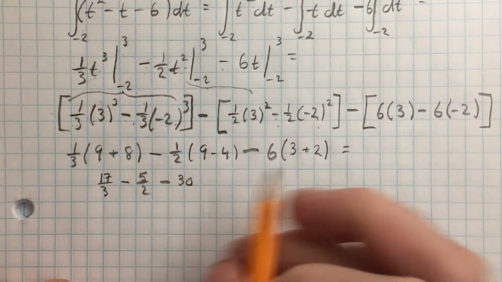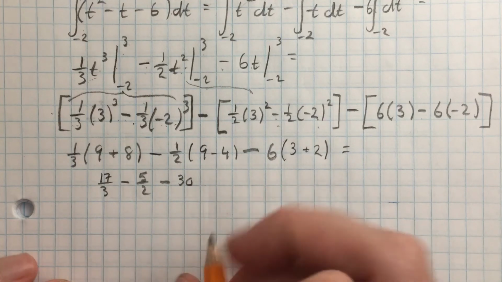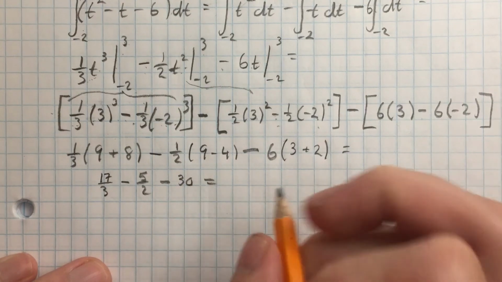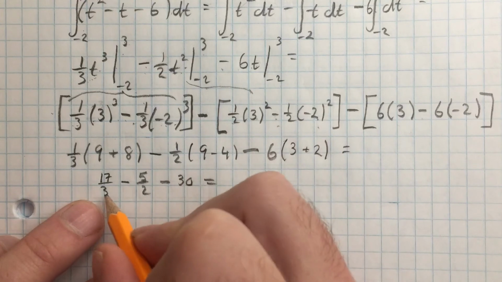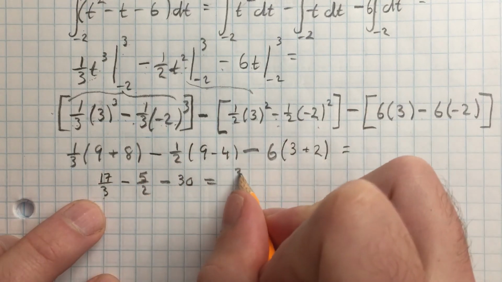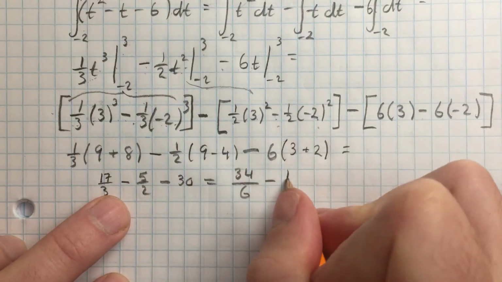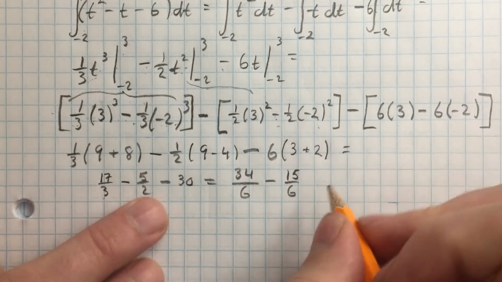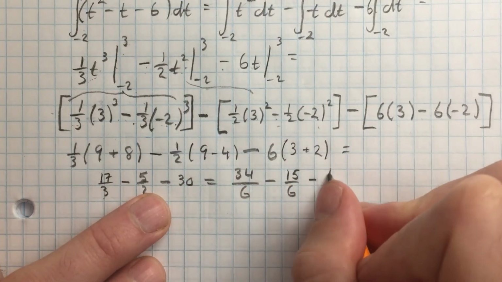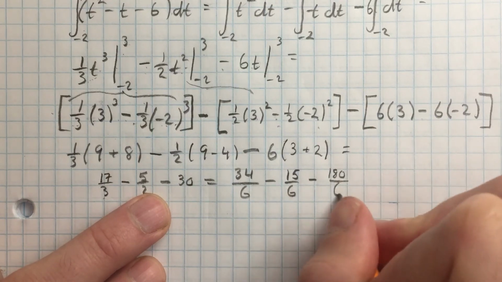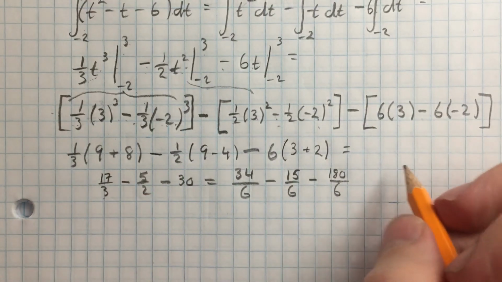Now we just need to get everything with the same denominator, so the denominator of 6 looks like it'll cover it. This needs a 2, so 34 sixths. This needs a 3, so 15 sixths. This needs 6, unfortunately, so negative 180 sixths. Okay?